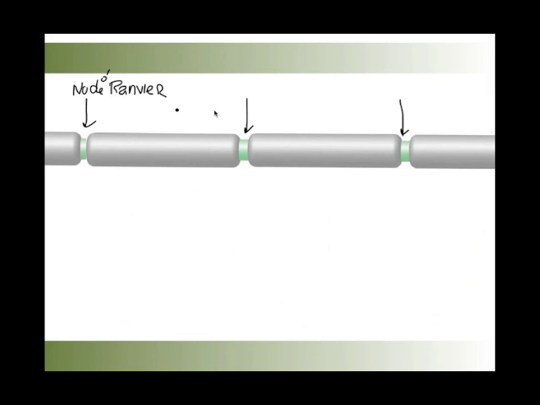And we see three nodes in this cartoon image. As a result, we call this an internode of myelin. And at least in the periphery, one Schwann cell produces one internode of myelin.